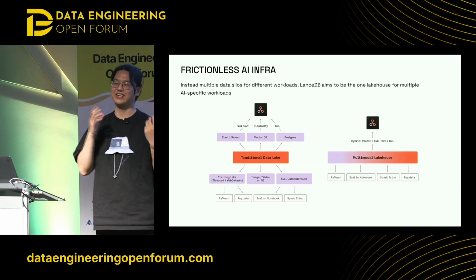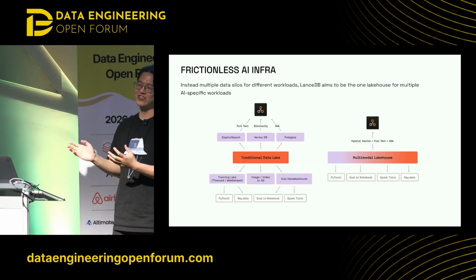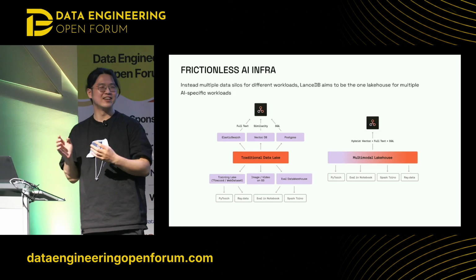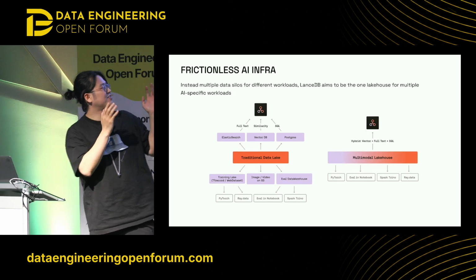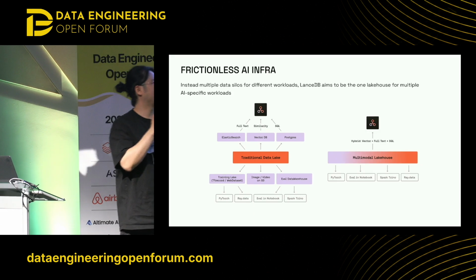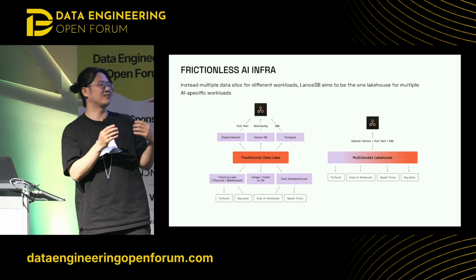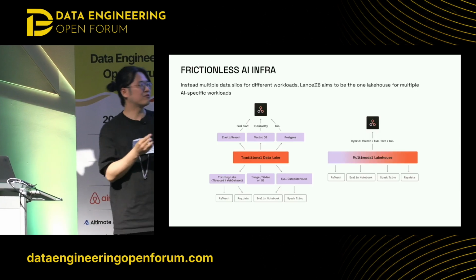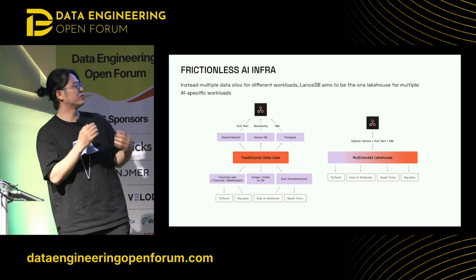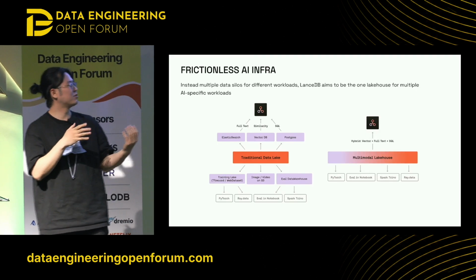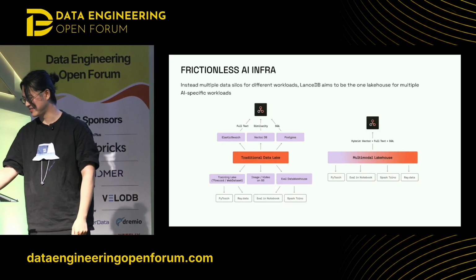You still have to load data into something like OpenSearch or Elasticsearch in order to do a full text search. Our vision is basically that you only need a single storage layer, but you can do all sorts of things on top of that, including vector, full text, SQL queries, and AI training, all using the same piece of data. And that is what we call the multimodal lakehouse vision.